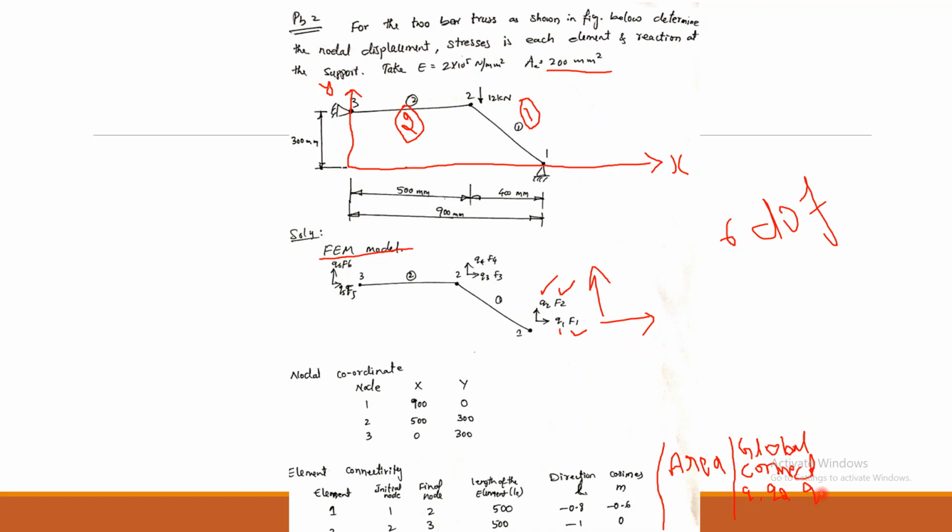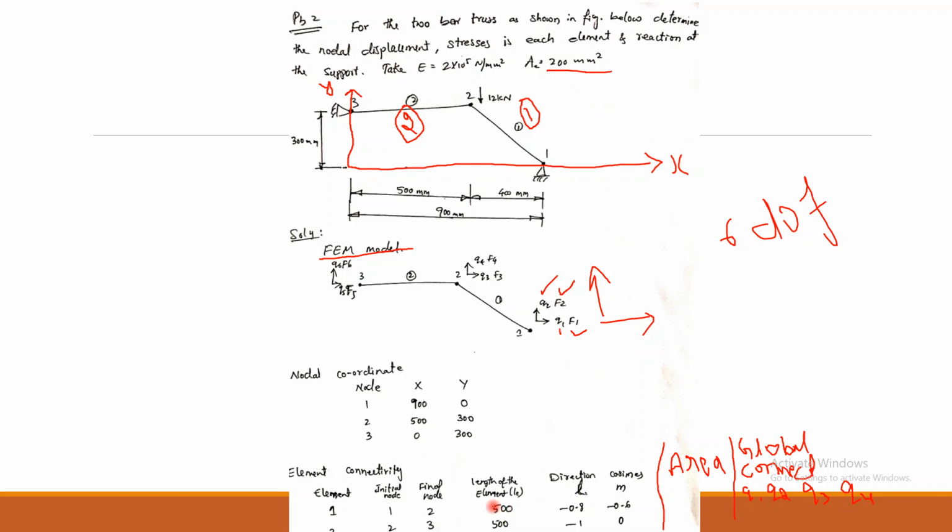If you choose 2 to 1, it is going to change: that is Q3, Q4, Q1, Q2, because the initial node is 2 and the final node becomes 1. Since we chose the initial node as 1 and the final node as 2, it starts from Q1, Q2 and later Q3, Q4.